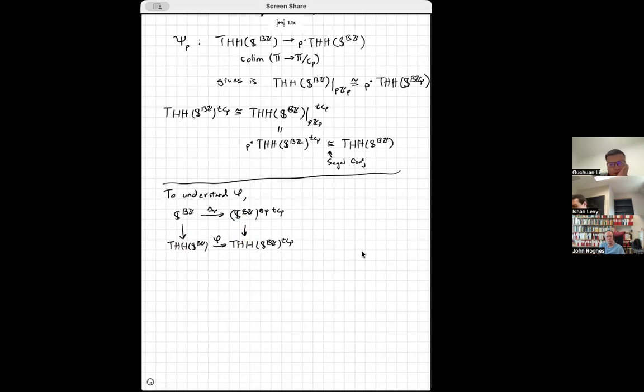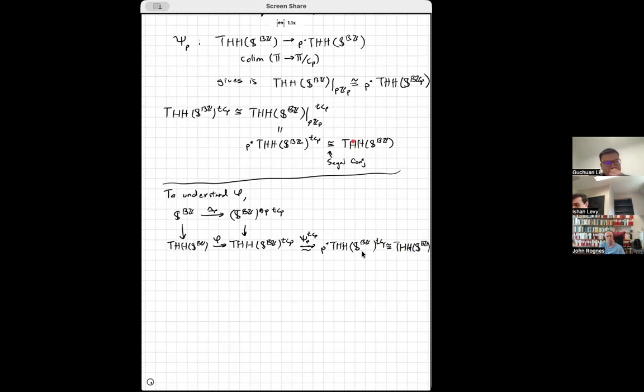And now we know what this is, right? Via this map, which is coming from the degree p map of the circle, we know that this is just isomorphic to p upper star of THH of S to the BZ, p, C_p, which we saw is the same thing as just, sorry, I put a Z_p here, which is just the same thing as THH of S to the BZ.